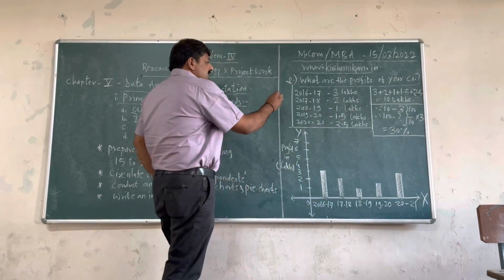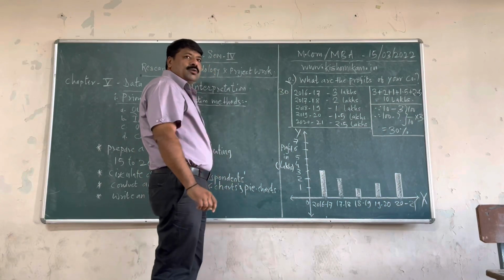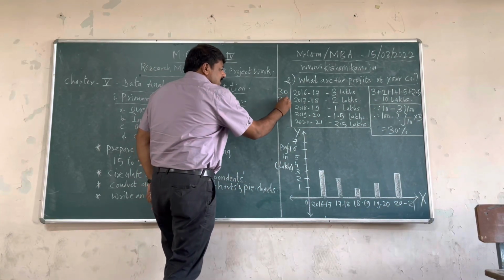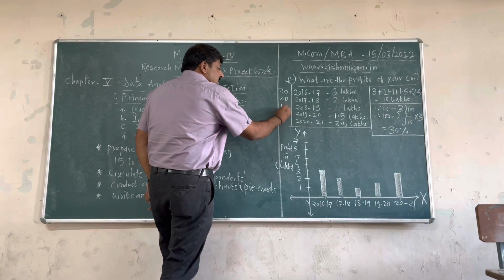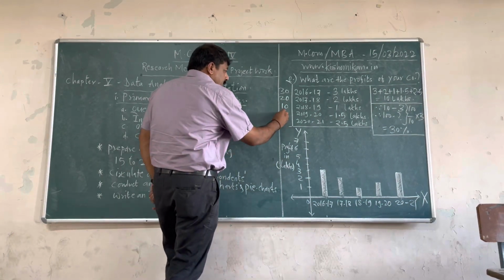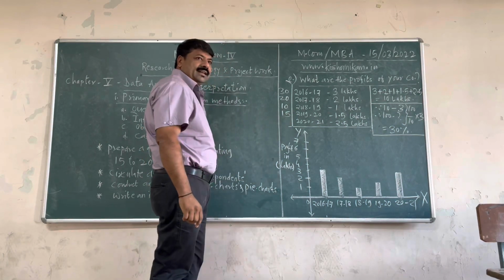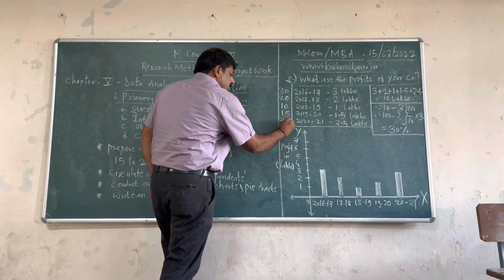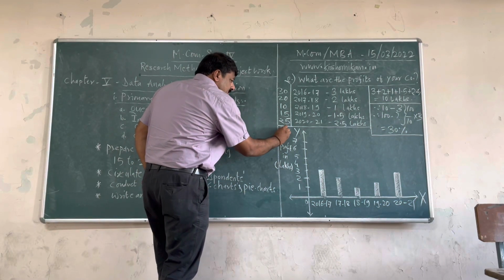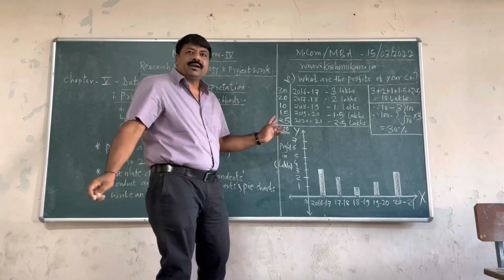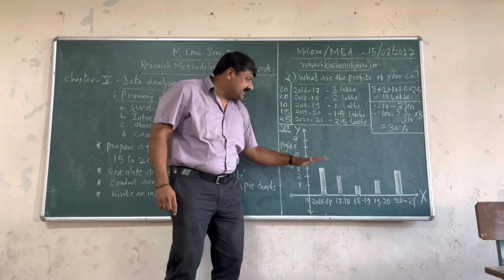So the first year is 30% out of 100. The second year is 20%. The third year is 10%. Then the fourth year is 15%. And the fifth year is 25%. Its total must be 100.